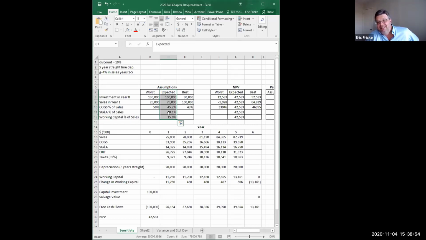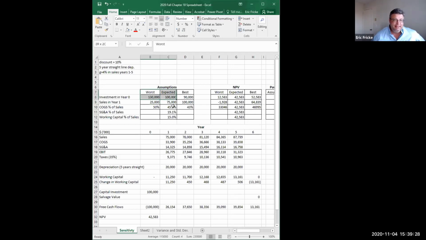What are the bad things that could happen, and what would the resulting cost or revenue be under those bad situations or really good situations? So you would do that for cost of goods sold, SG&A, working capital. You'd have to probably interview people and find out, what's the worst that could happen? What's the worst that we could expect? And so it is a little bit of judging the wind, gut feel. But that's how it is.